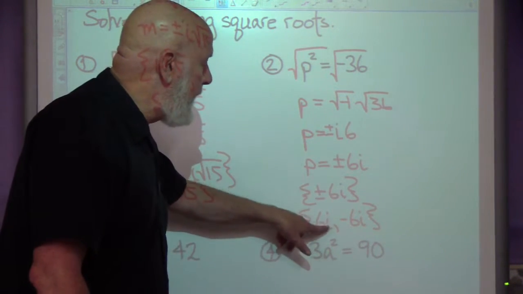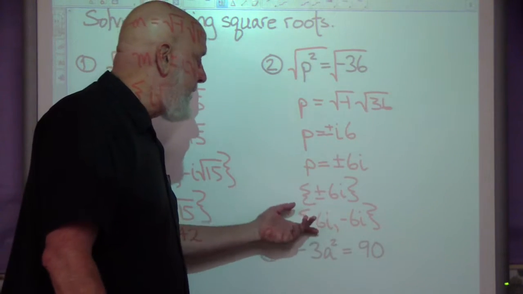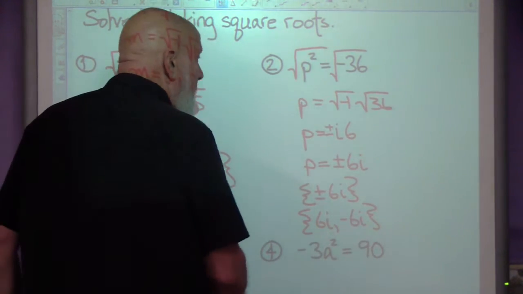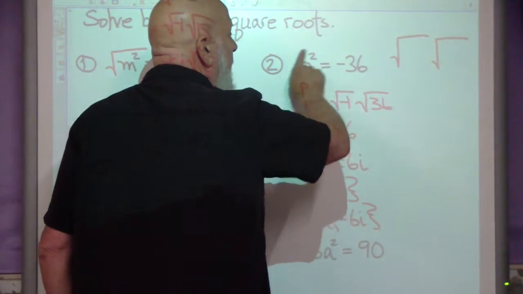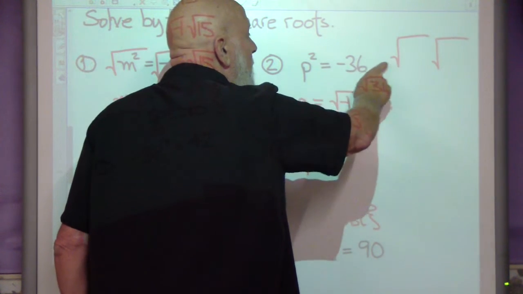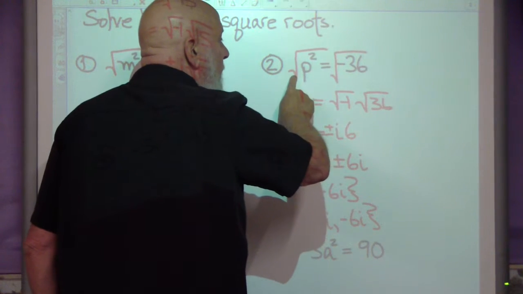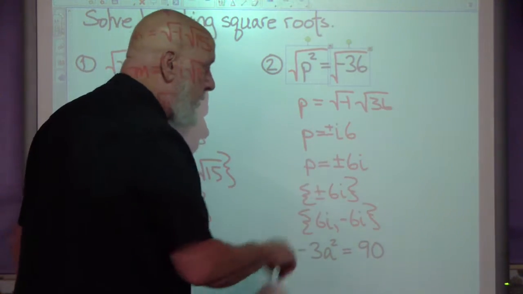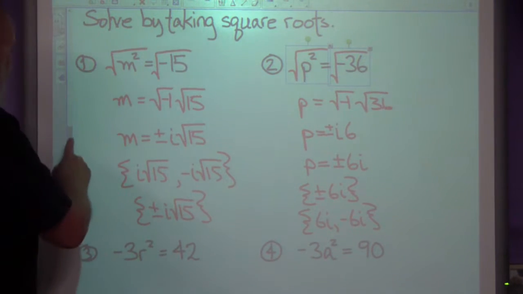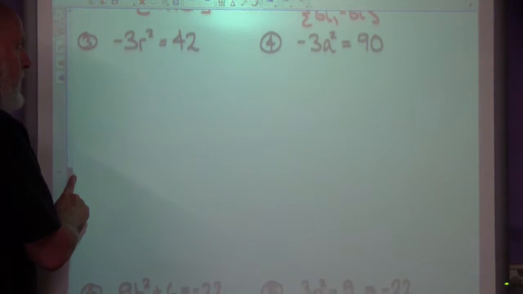Any of these three is an appropriate way to list the solutions to this original equation right here. We couldn't find a real number that we could multiply by itself that would give us negative 36, so we found an imaginary solution, two imaginary solutions. Okay? Imaginary numbers, this is your introduction.